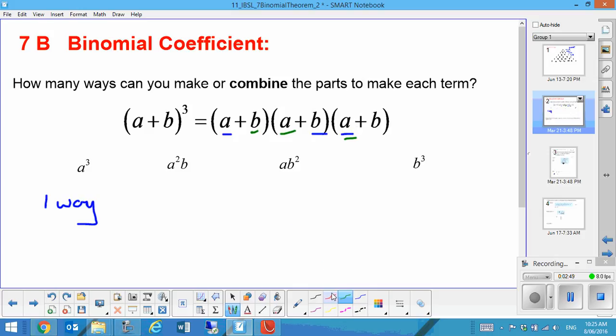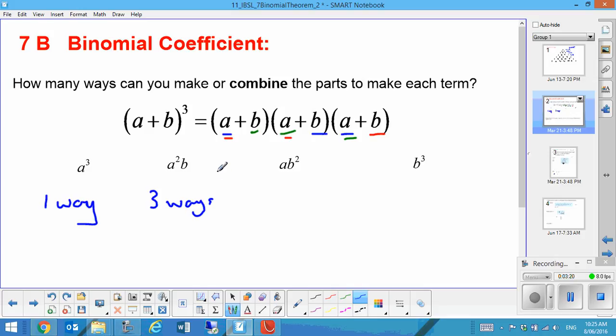So in other words, there were 3 different ways we could have made our a squared b, because the b could have come from the 3 different binomials. So for this term, 3 ways to combine our a's and b's.